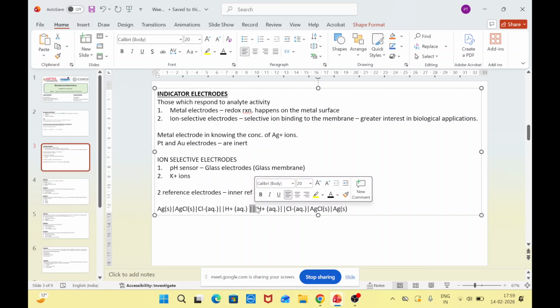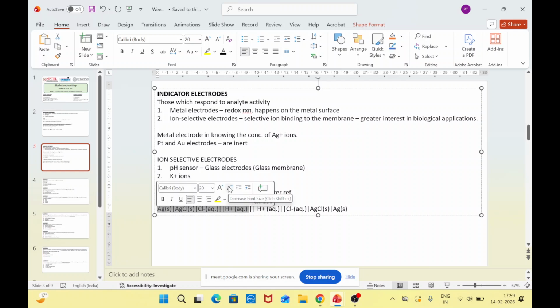In the outer reference electrode, the concentration, or the activity, of the H plus ions is fixed, so the H plus ion concentration is already known to you. Whereas in the inner reference electrode, this H plus ion concentration is unknown for us, and that is something that we actually want to measure.